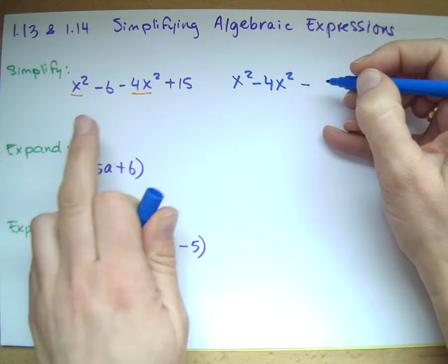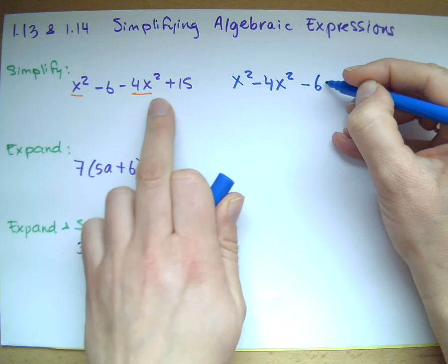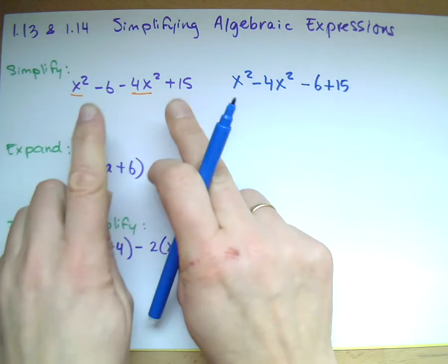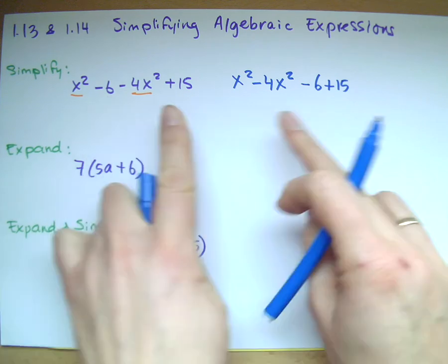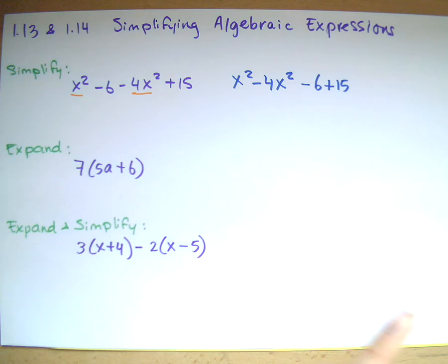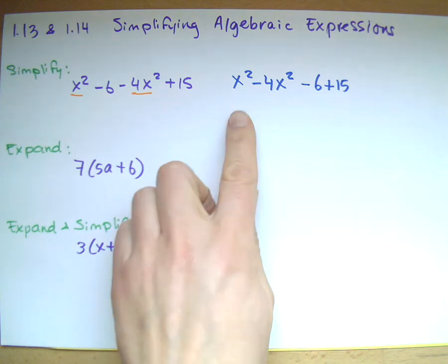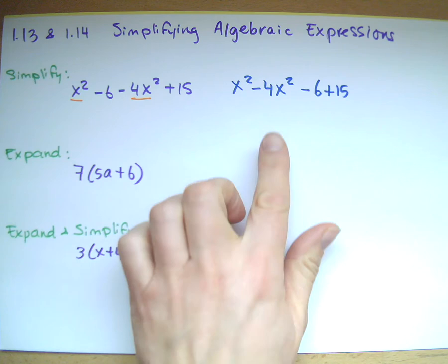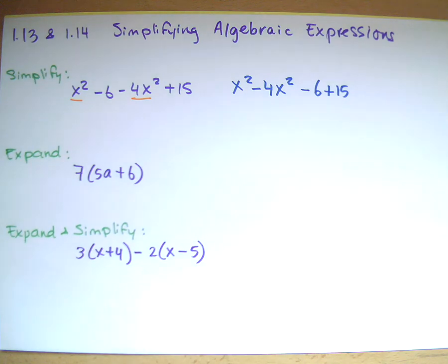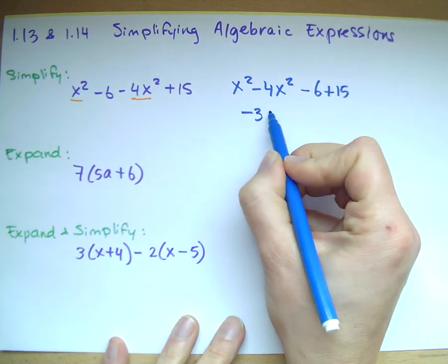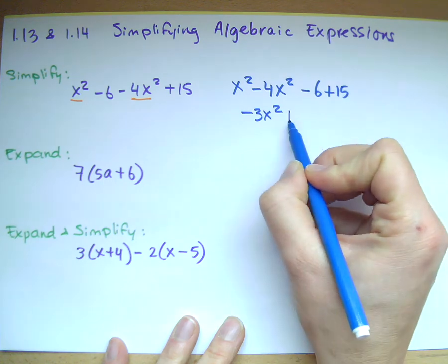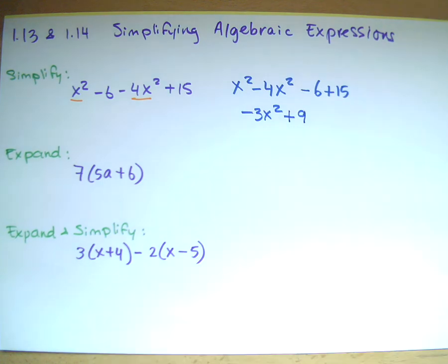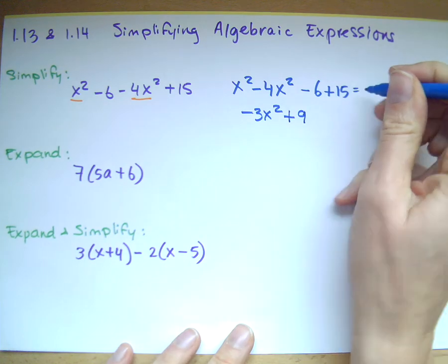Then we have a negative 6 and a plus 15. We've just put the loose numbers that don't have a variable with them together as well, right? Now we can combine them, because we can subtract 4x squared from x squared, right? That gives us a negative 3x squared minus 6 plus 15, that's plus 9, right? And that's our answer right here.